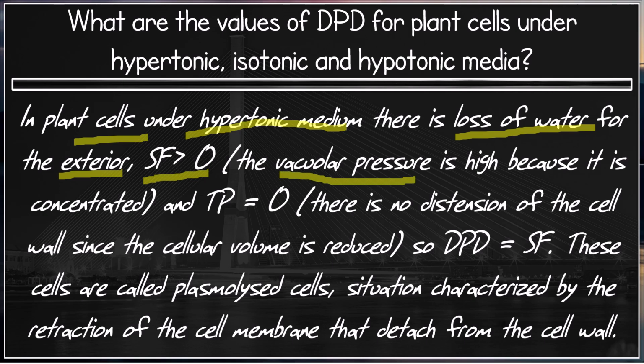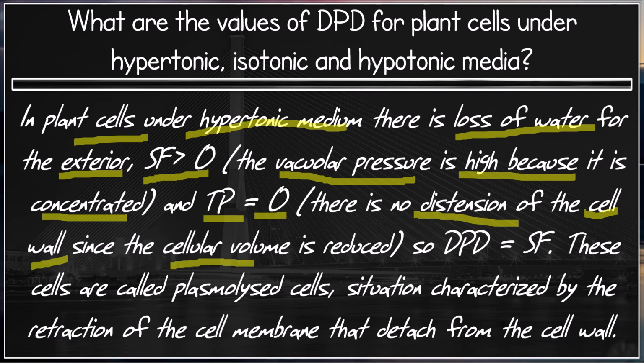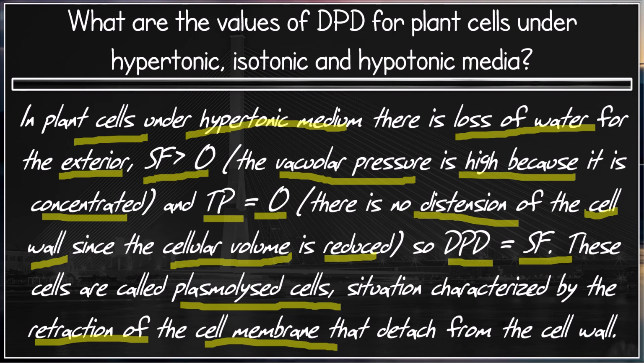The vacuolar pressure is high because it is concentrated. TP is equal to 0. There is no distension of the cell wall, since the cellular volume is reduced. So DPD is equal to SF. This cell is called plasmolysed cell, a situation characterized by the retraction of the cell membrane that detaches from the cell wall.